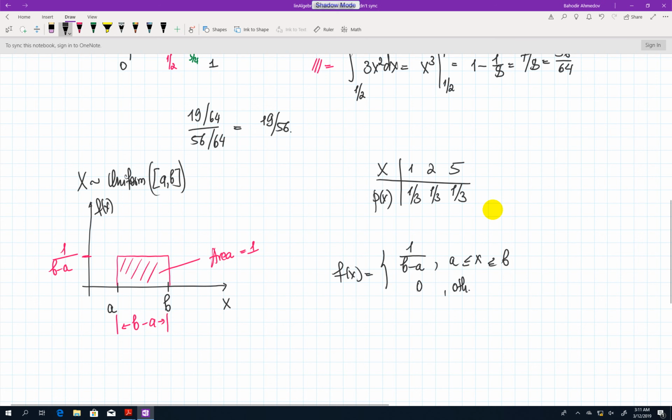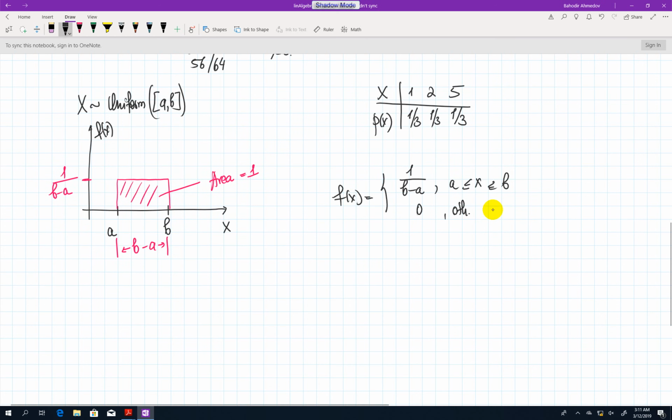Okay? So later on, we'll talk about the cumulative distribution function. The cumulative distribution function means the probability that a random variable X takes values up to C. What is the probability that X is at most C?